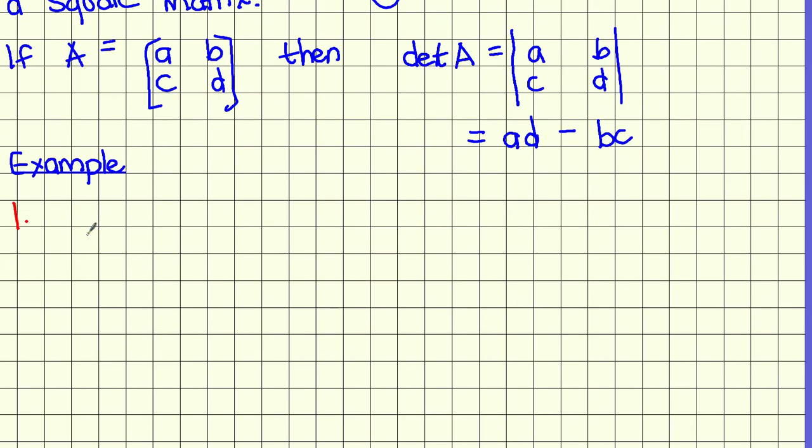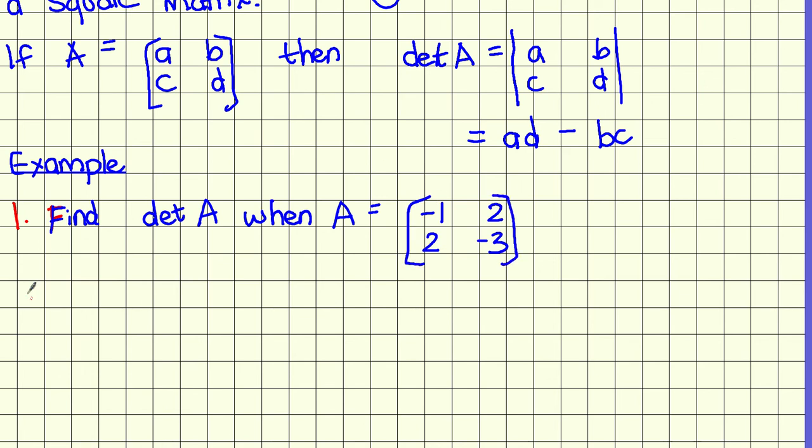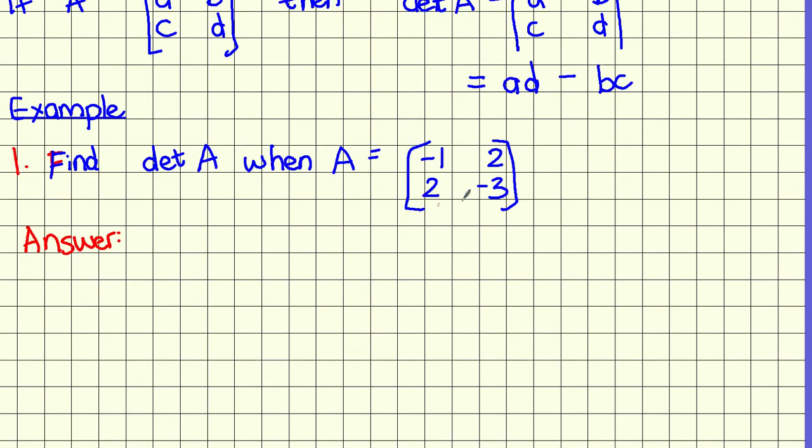Alright, so number 1, find, just doing blue pen, find det A when A equals -1, 2, 2, -3. Okay, so we've got our matrix A. It's a 2 by 2, it's a square matrix, which is what we need.